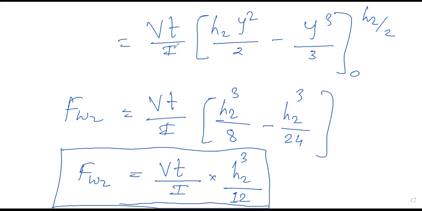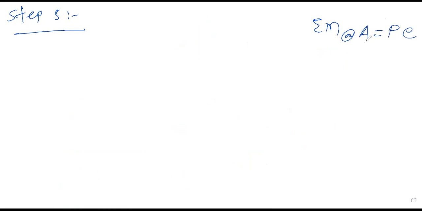Yes, sir. Right. So now, next step, step number 5. As I told you, we have to use the equation moment about A is equal to P into e. Now taking the moment of FW2, FW2 into b is equal to P into e.